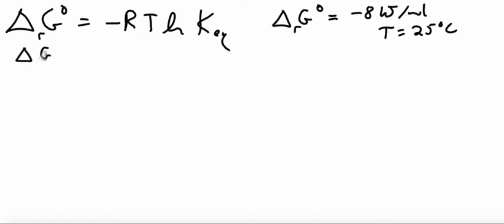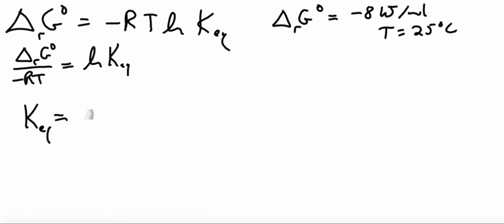So we get delta G standard divided by negative RT is equal to the log of K. So K equilibrium, let's take the exponential of both sides, is going to be negative delta G standard over RT.